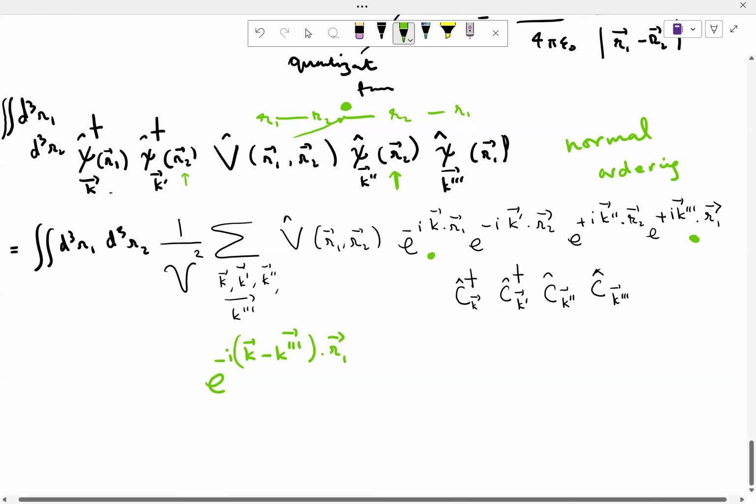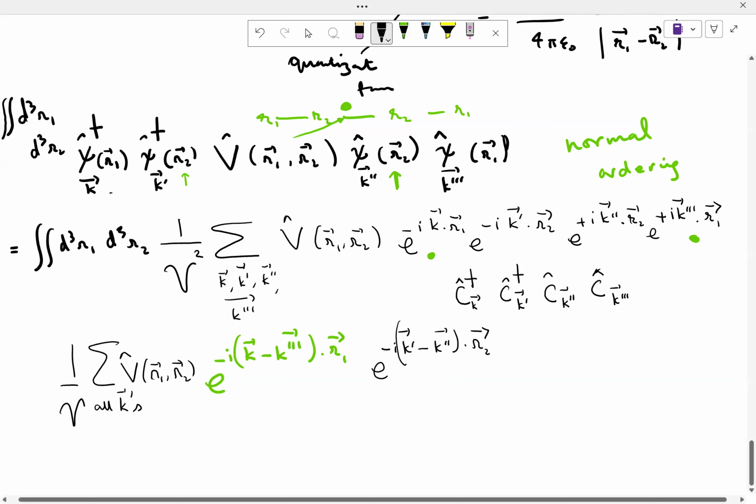So all of this is now mathematical acrobatics, e to the minus i k prime minus k double prime R2. V of R1, R2, sum over all k's, 1 over volume square, and d cube R1, d cube R2.